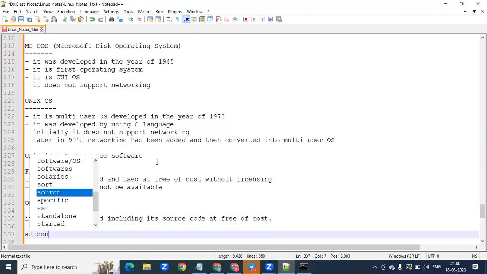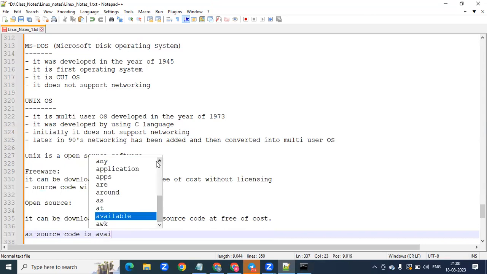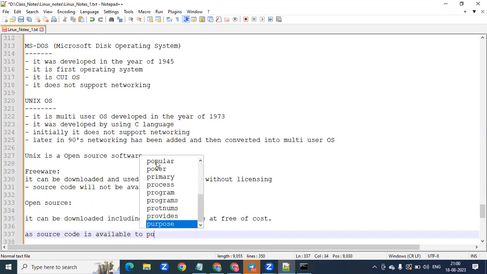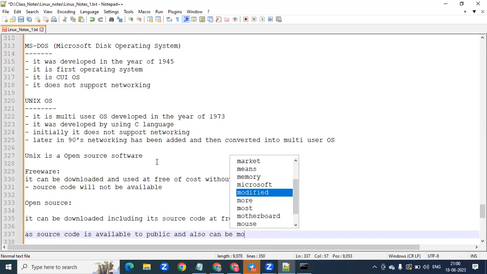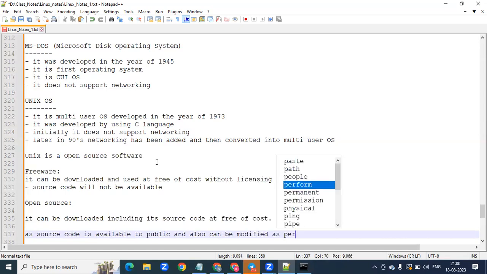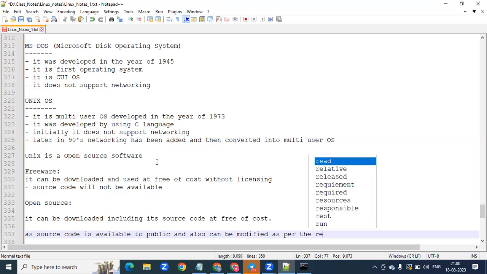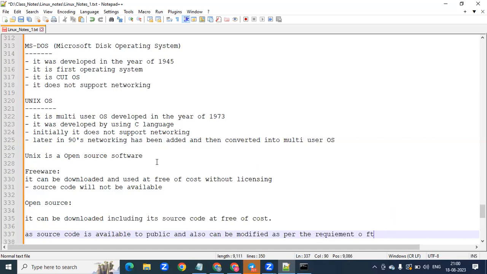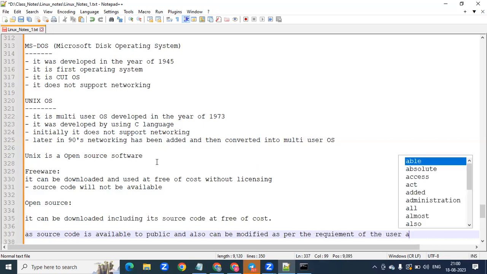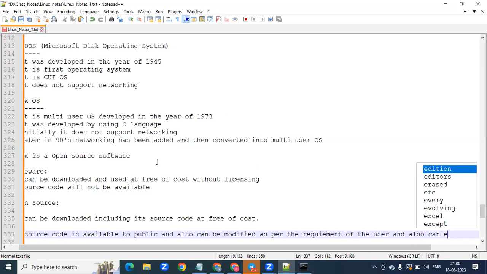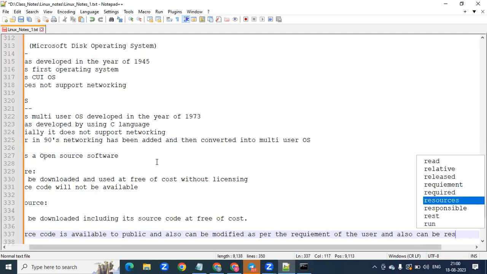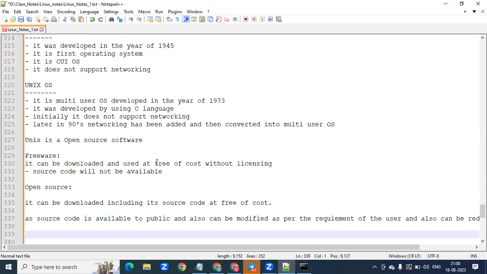As the source code is available to the public, it can also be modified as per the requirement of the user and also be redistributed.